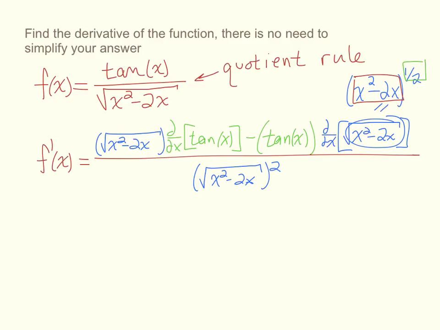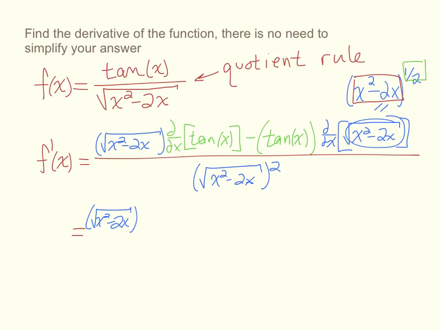So in order to complete this derivative, all we have to do is the following. We just need to compute these derivatives that are left over from our quotient rule. So that'll leave us with the square root of x squared minus 2x.